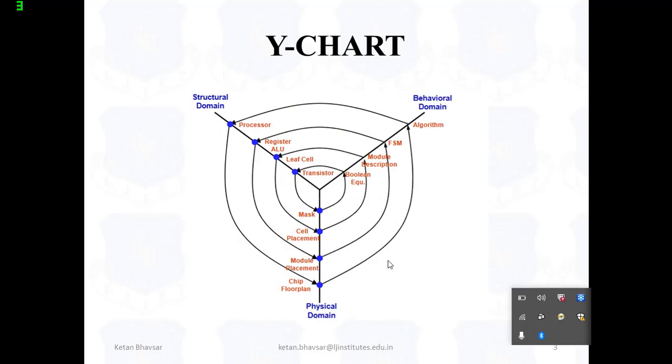What is the Y chart first of all? As you can see, it's also called the Gajski-Kuhn chart, and it is also a part of the VLSI design flow. The Y chart is divided into three parts: behavioral domain, structural domain, and physical domain.